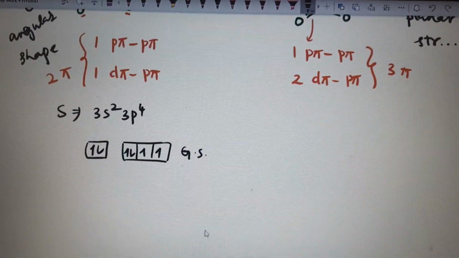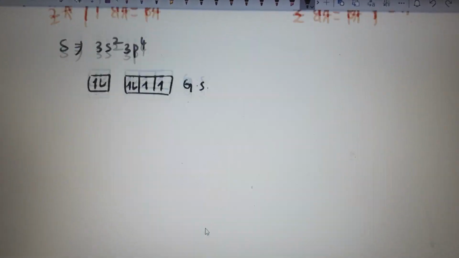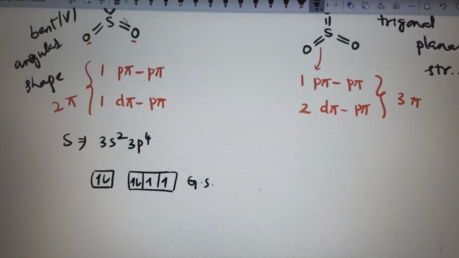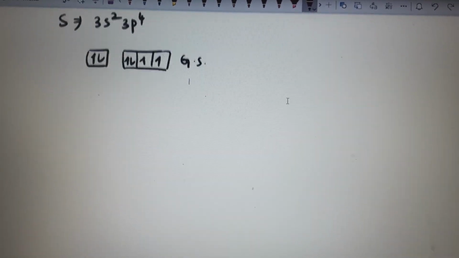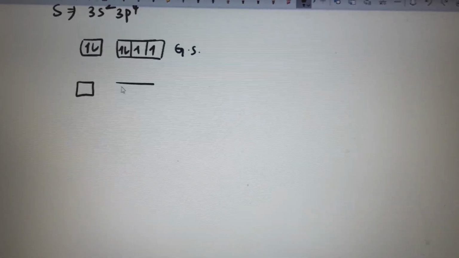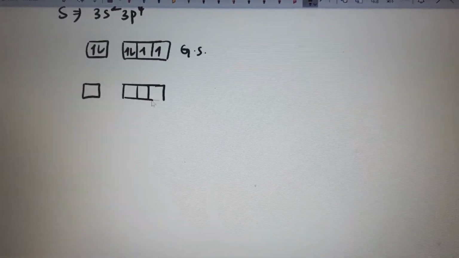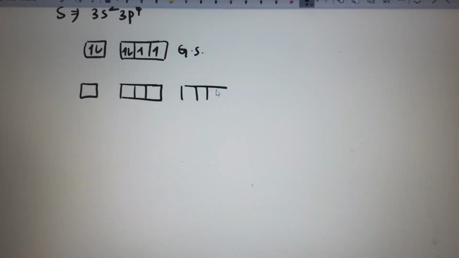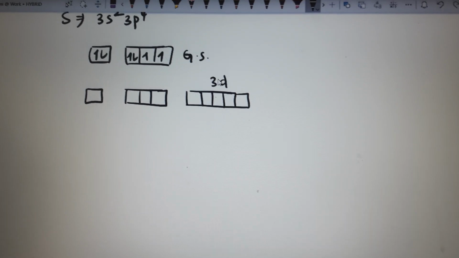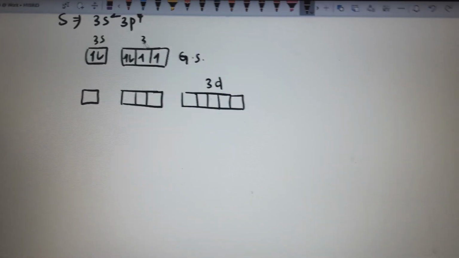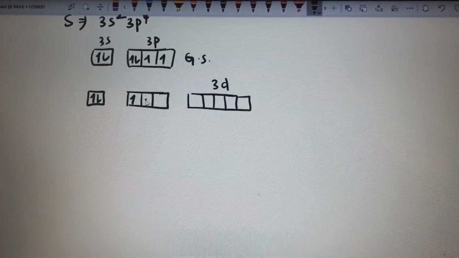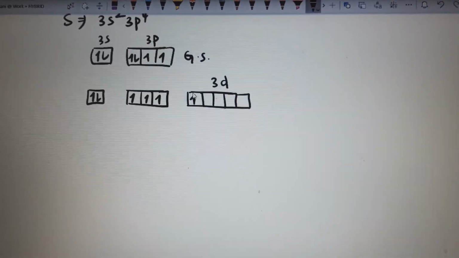In this case it cannot form four covalent bonds. For giving four bonds, it is excited and can utilize the d orbitals. 3d, 3s, 3p: now one electron is excited to a d orbital.